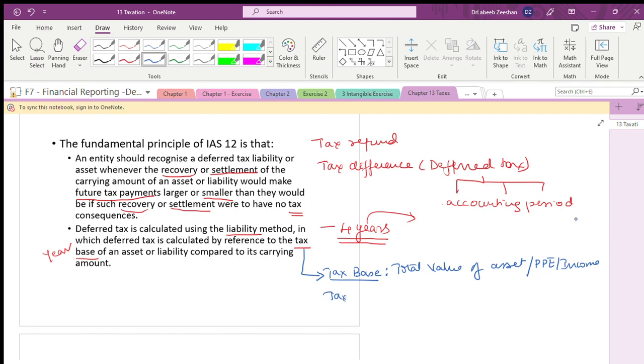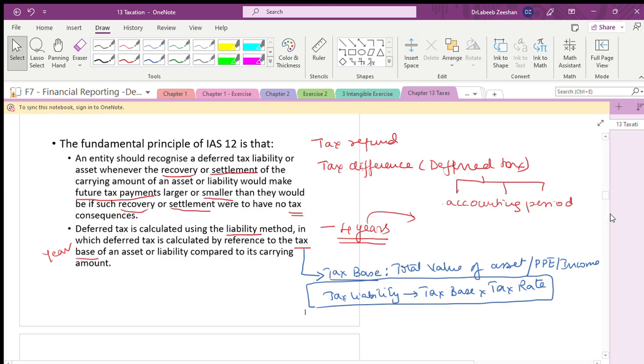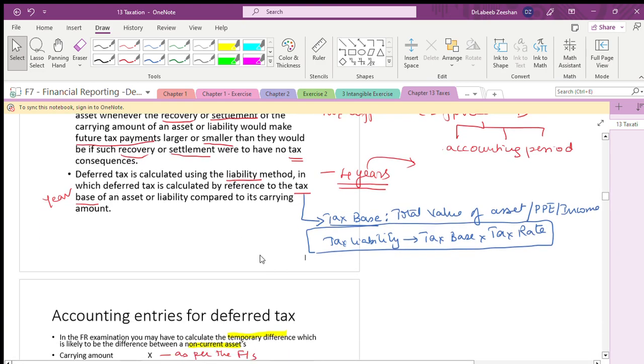When we say tax liability, tax liability is nothing but tax base times tax rate. And carrying amount is the value which we are going to show in the financial statements. This is the basic concept.